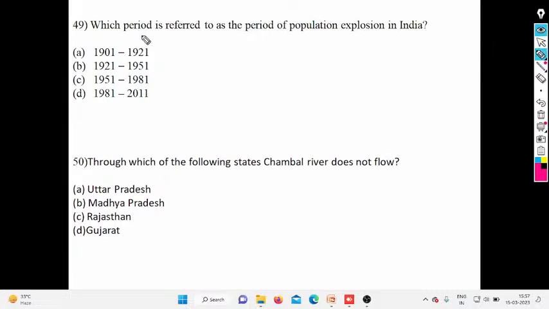Next, which period is referred to as the period of population explosion in India?